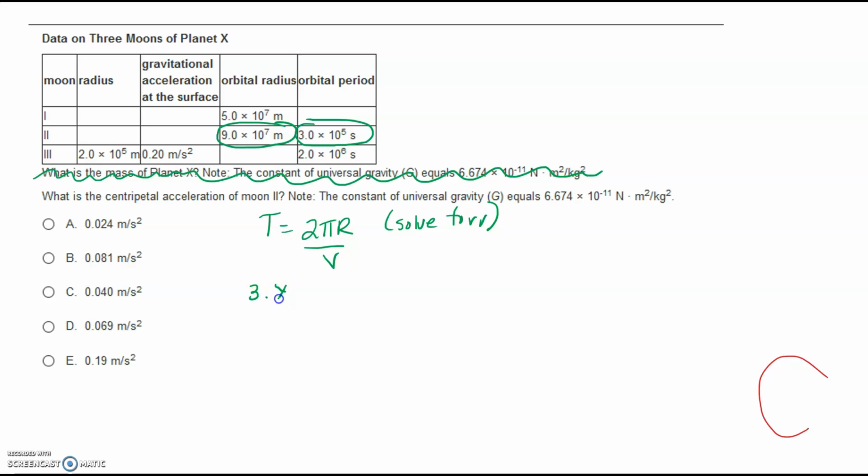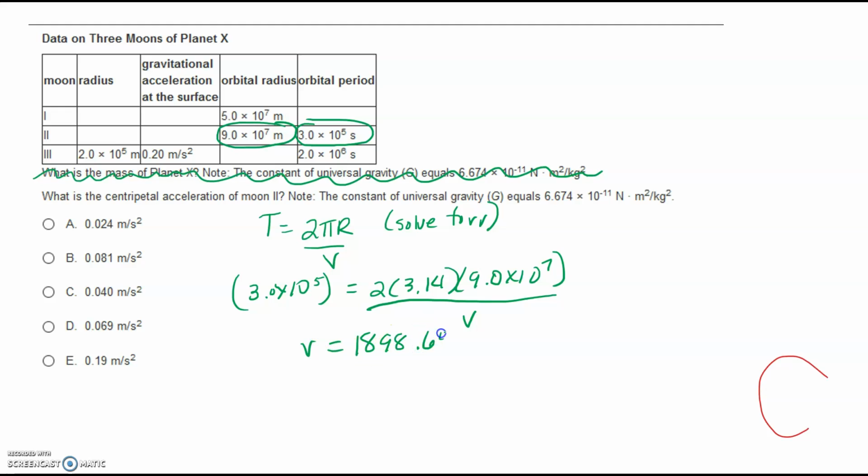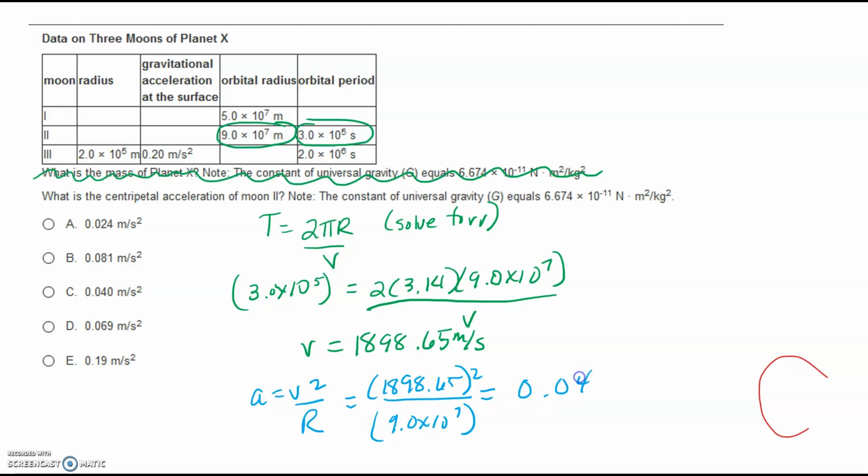So I have 3 times 10 to the 5th is equal to 2 times 3.14 times 9 to the 7th over v. So I solve for v, and I get this. And then I use this to find my centripetal acceleration, plugging this in for velocity over the same, and I get 0.040 meters per second squared, which is c.